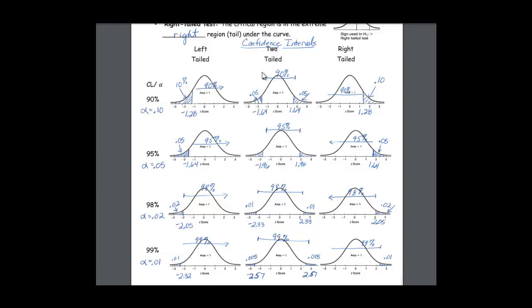Our confidence interval is always a two-tailed event, and when we look at the two-tailed event, where we have 5% in a tail is with a 90%. So you can see we've got negative 1.64 here, and we have it here. This is the curve that we're utilizing in a left-tailed hypothesis test. This would be the curve that we would be looking at when creating a confidence interval, where we would have 5% in one tail, 5% in the other tail. So that's just getting our bearings between those two things.